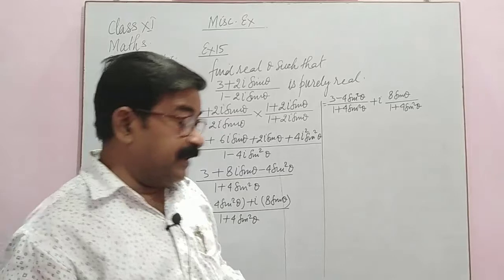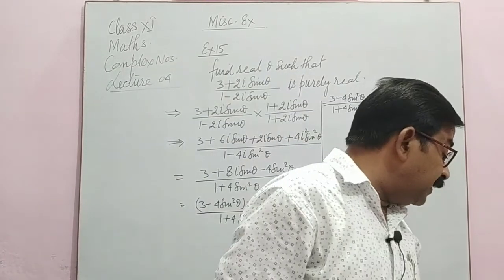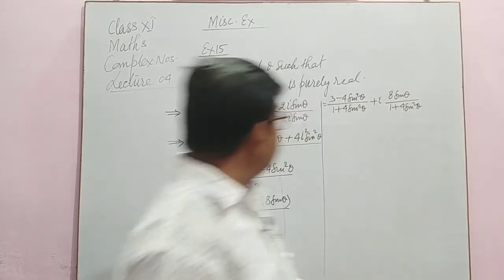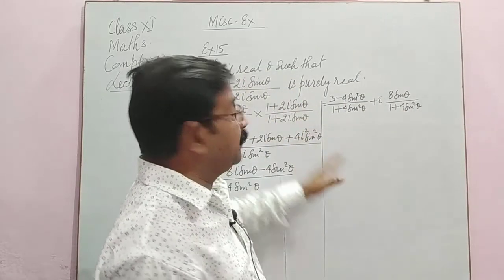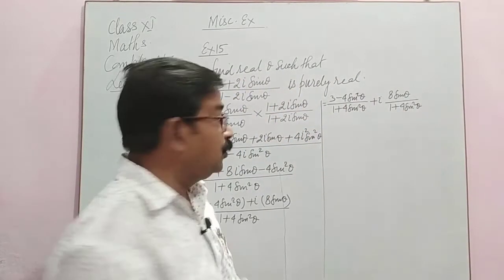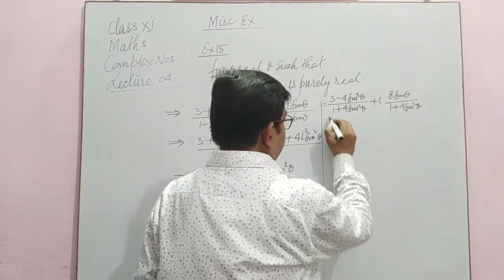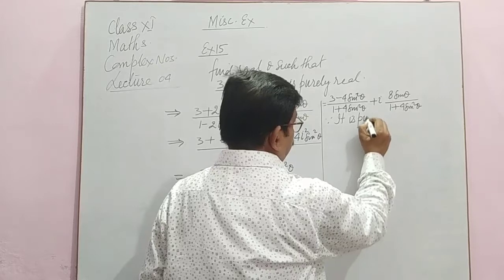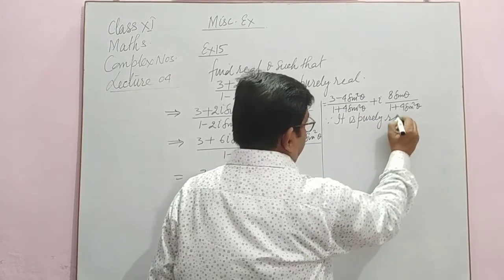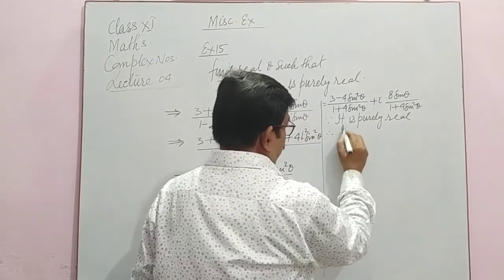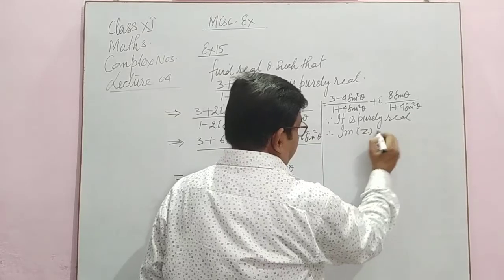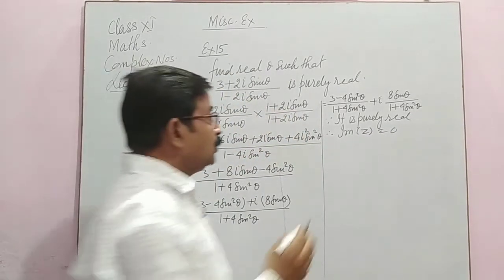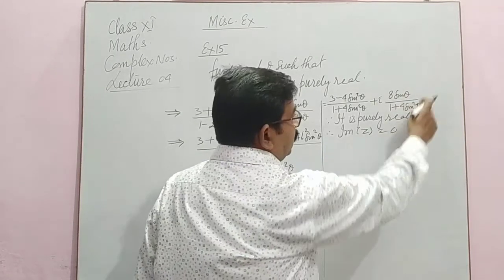Now, since in the question it is given that it is purely real, it means the imaginary part is 0. So we write, since it is purely real, therefore imaginary part of z is equal to 0. The imaginary part is this one.